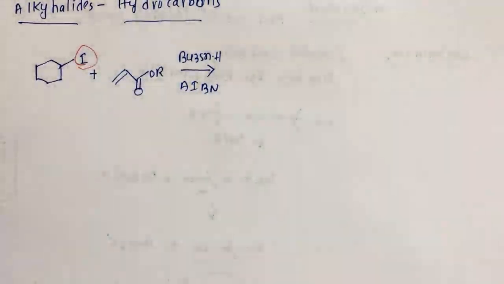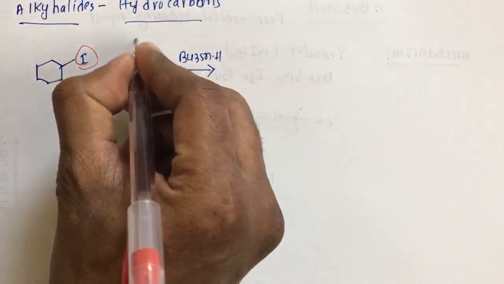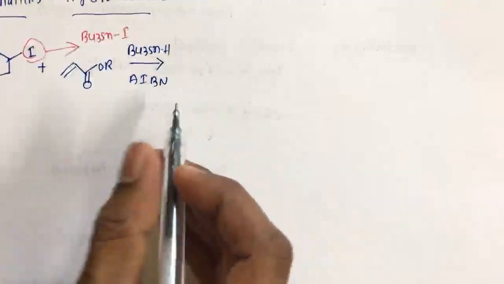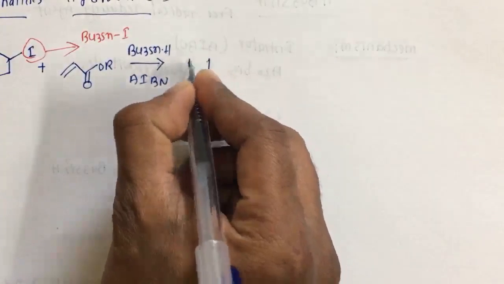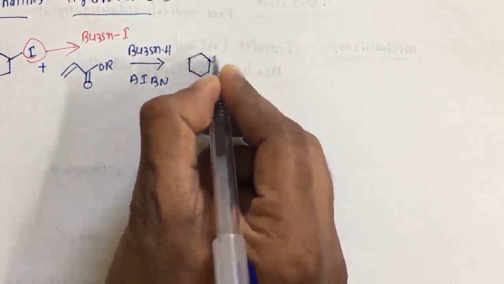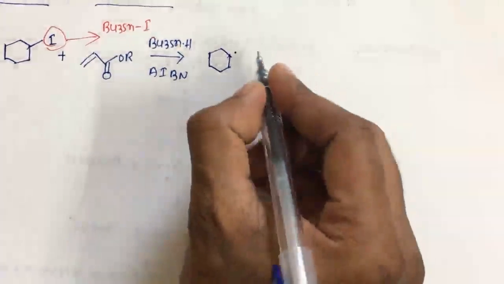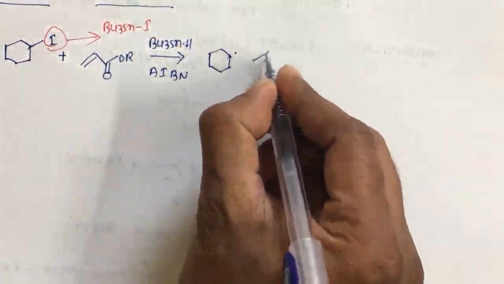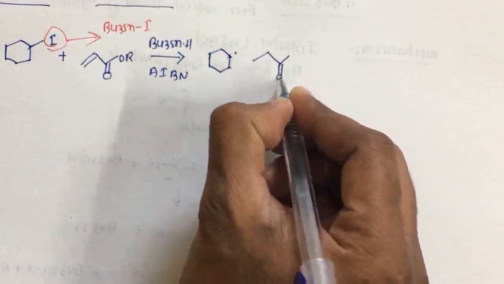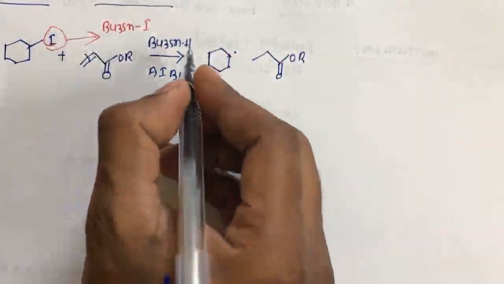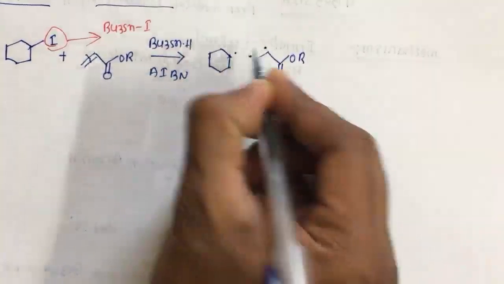Okay, so we have Bu3SnI after abstracting this iodine, and here we have the cyclohexyl free radical. In the next step we have an alpha beta unsaturated carbonyl compound. If you do homolytic cleavage of this bond, we'll get this free radical.